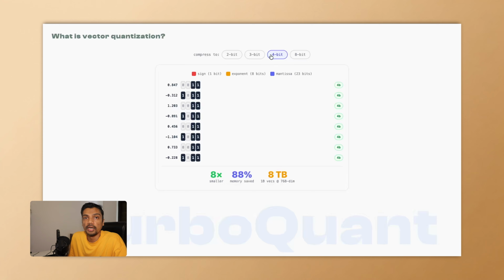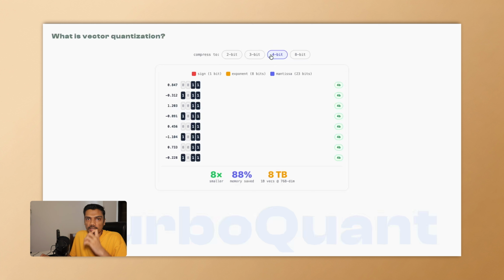But quantization introduces a distortion, which is that the compressed vector is not identical to the original. And the question the TurboQuant paper answers is, how much distortion do we have to accept at a given bit budget, and can we get close to that theoretical minimum?